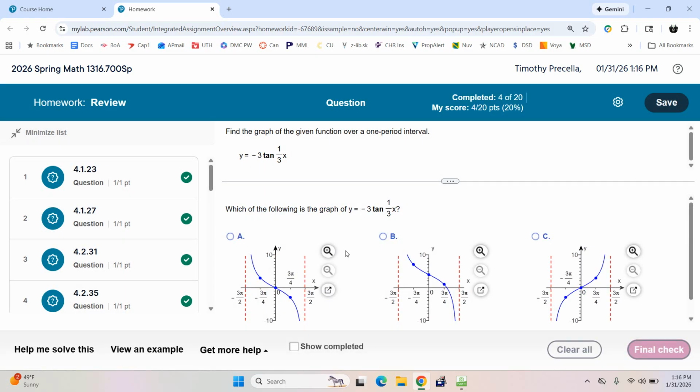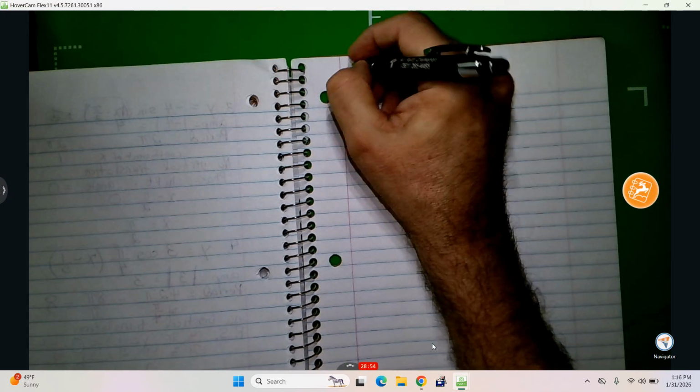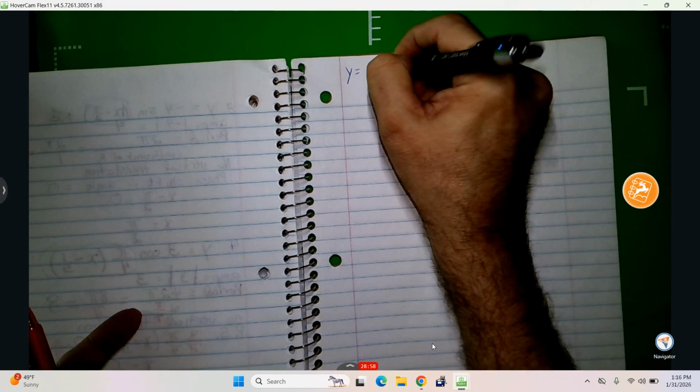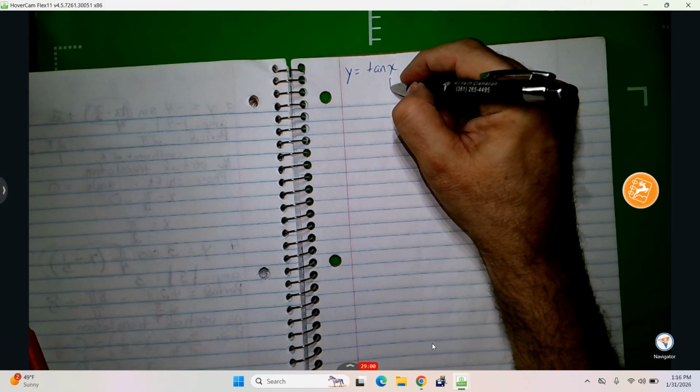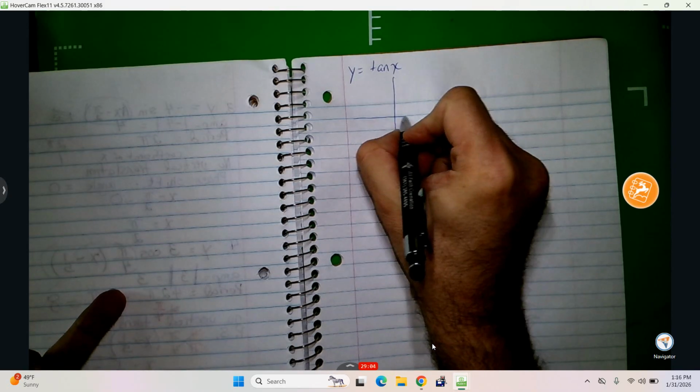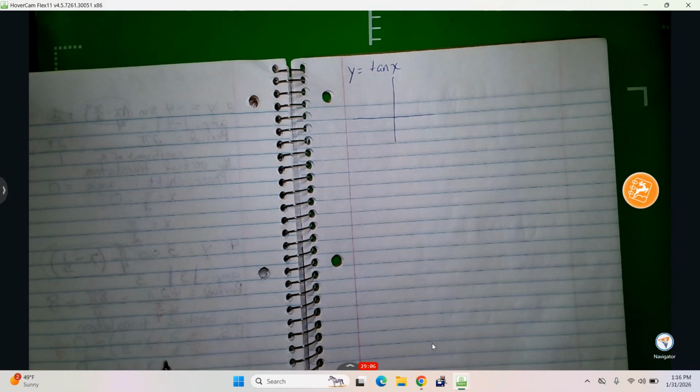We haven't done any tangent or cotangent yet. So let me just sort of review these basic shapes. Y equals tangent x has a basic shape that looks like this. It has vertical asymptotes.